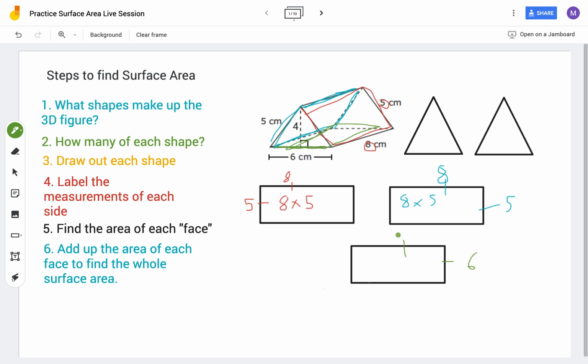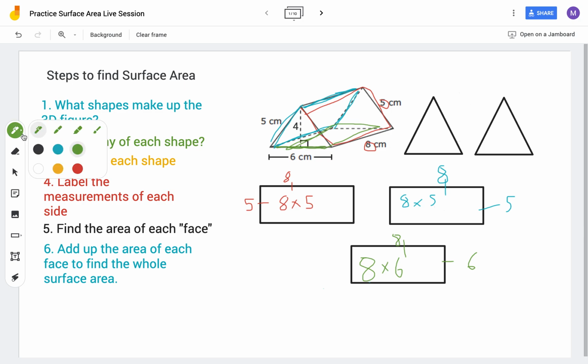So we have 6 by 8, so 8 times 6. Alright, we have labeled each of the measurements for our rectangles.